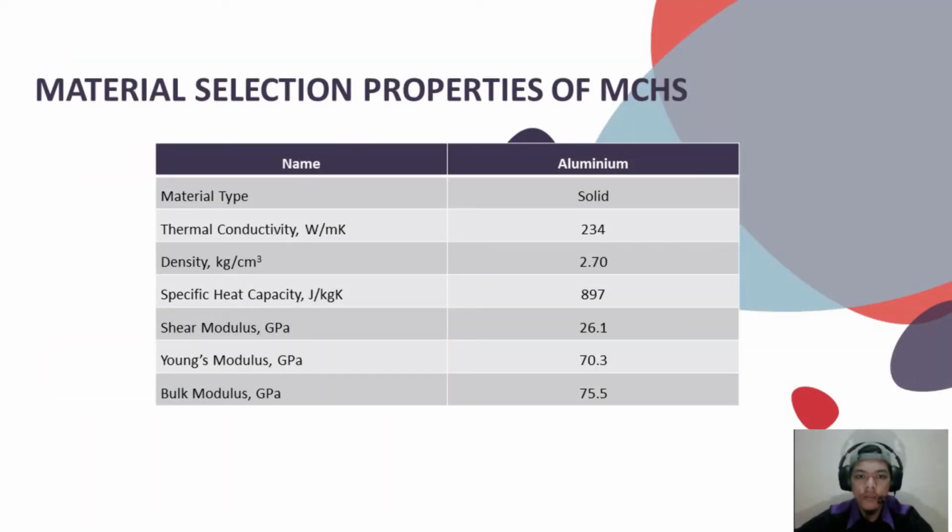Okay, for the material selection of the microchannel heat sink, I use aluminium. In ANSYS software, the properties are: thermal conductivity 3234, density 2.07, and specific heat capacity 897.